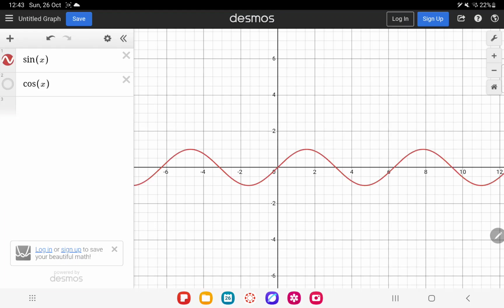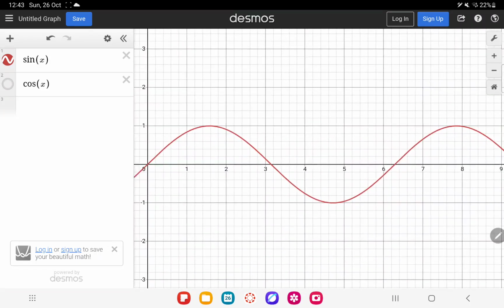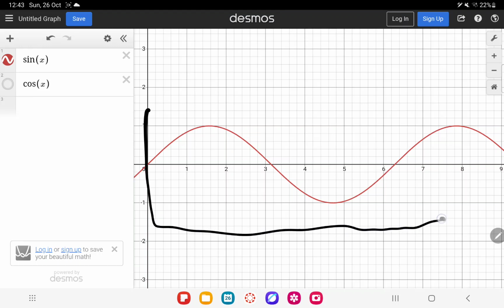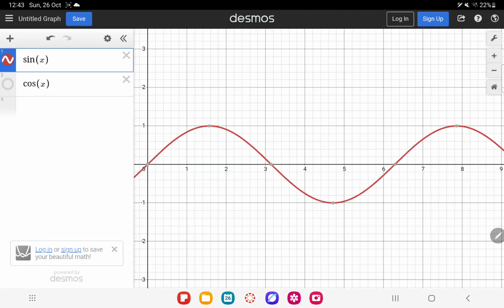So now I have this red line, which is the sine graph, and this is where we started. We took this whole part, which looks like this.